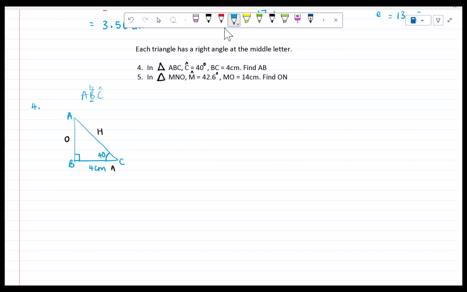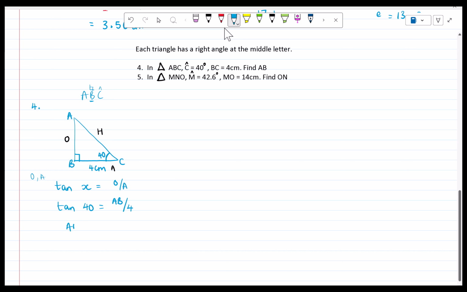So if we look at this, we want to find AB, which is the opposite. So we have opposite and we have got the adjacent, meaning we're going to use the function tan. So we're going to say tan x is equal to opposite over adjacent, and we have tan the x, that is tan C, which is 40 degrees, is equal to our opposite, that is AB, that is what we want to find, over our adjacent, which is 4.